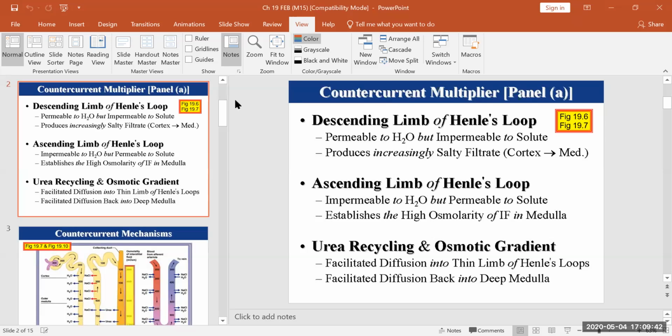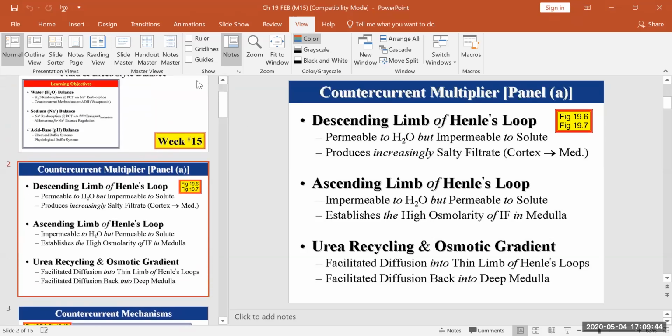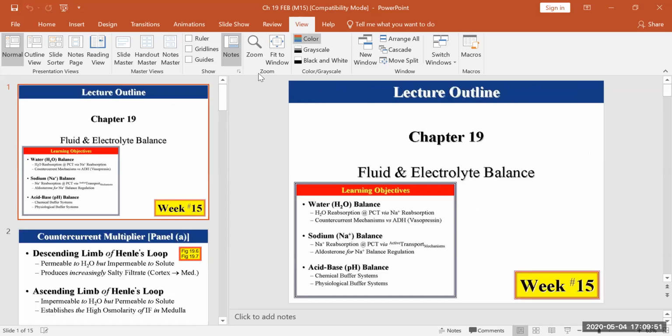First is how we're focusing on the water balance here. Let me go back briefly to reintroduce the idea. When we talk about urine production, remember we talk about 3 steps. We are talking about the glomerular filtration.